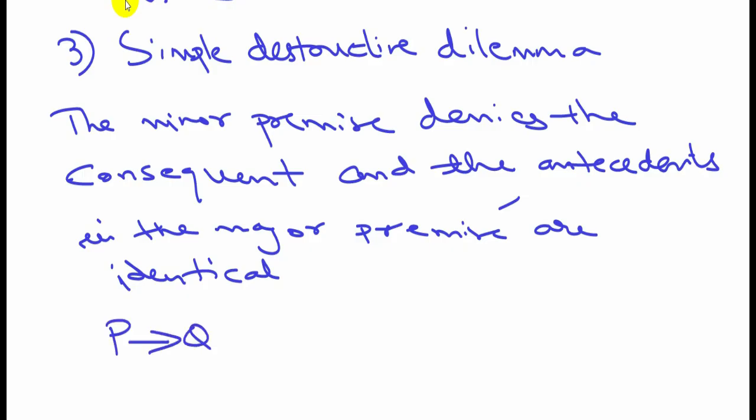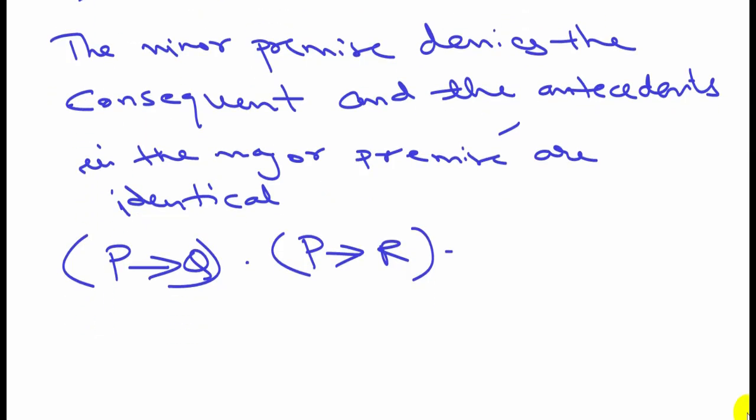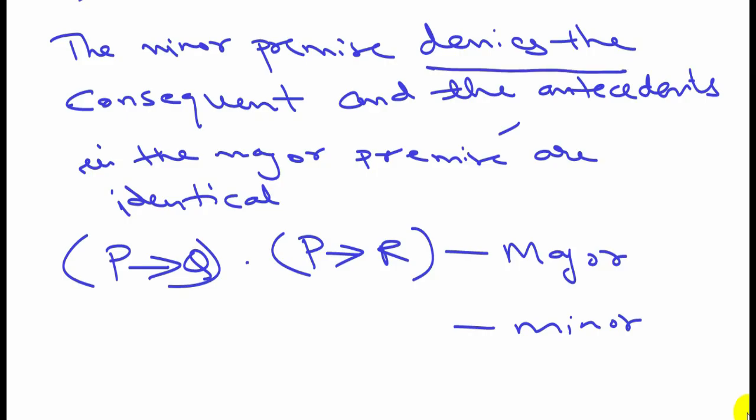P implies Q and P implies R. So this is the major premise. What does the minor do? The minor denies the consequent.